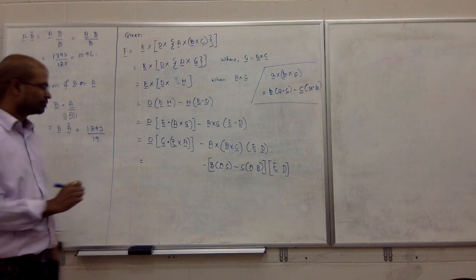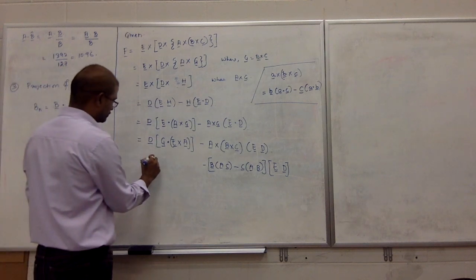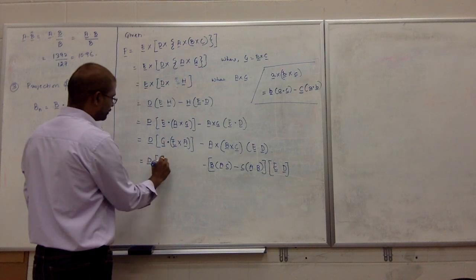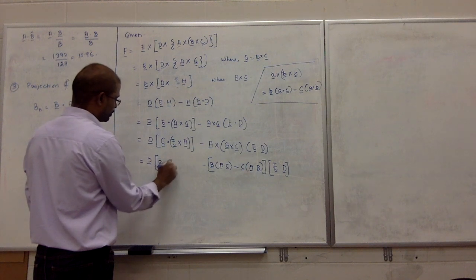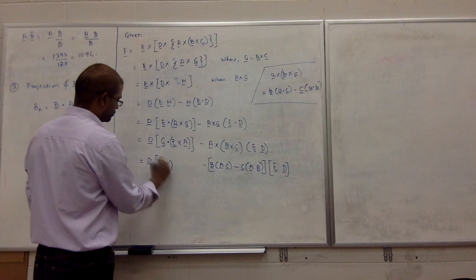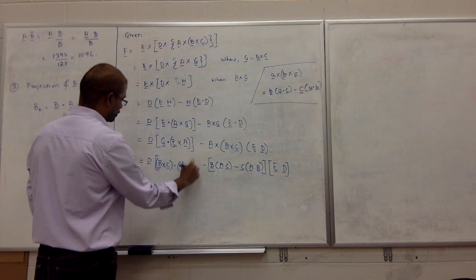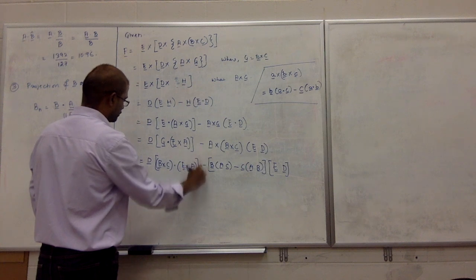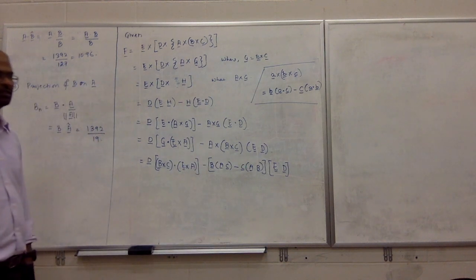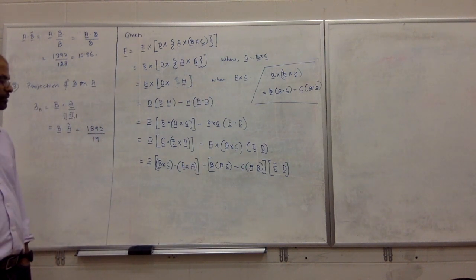You have G is G cross C dotted with E cross A. Okay.